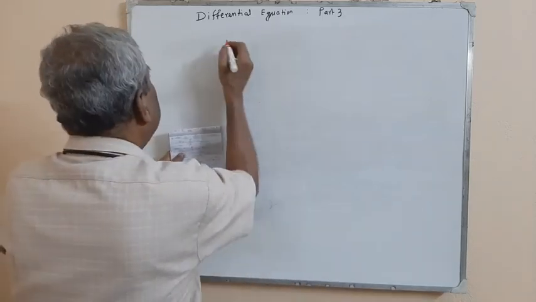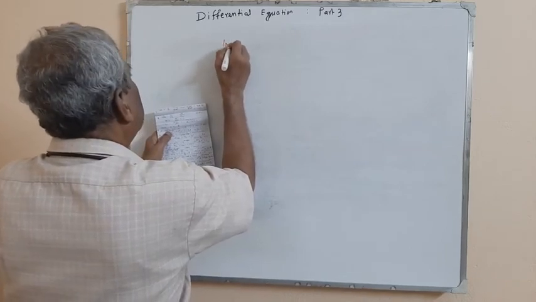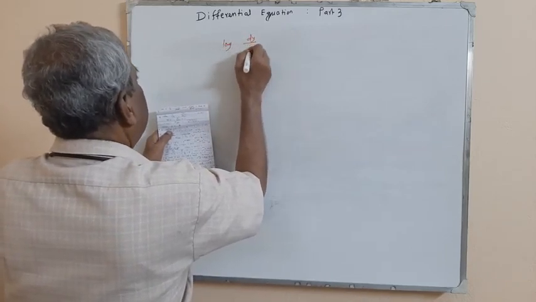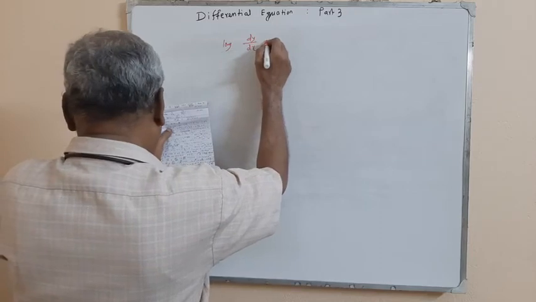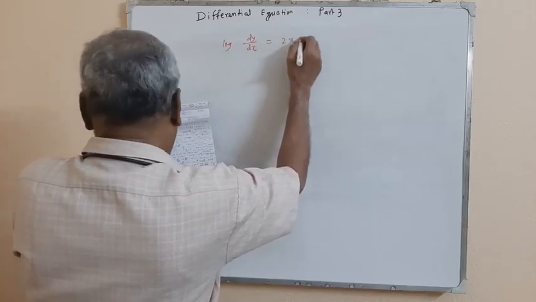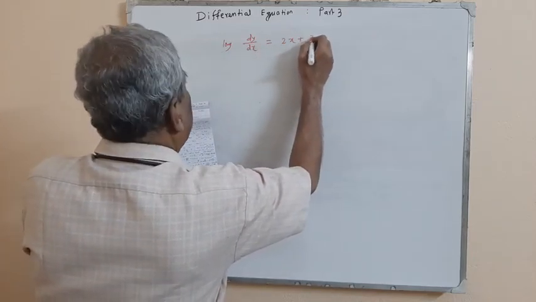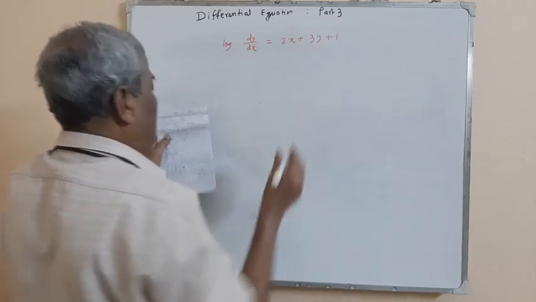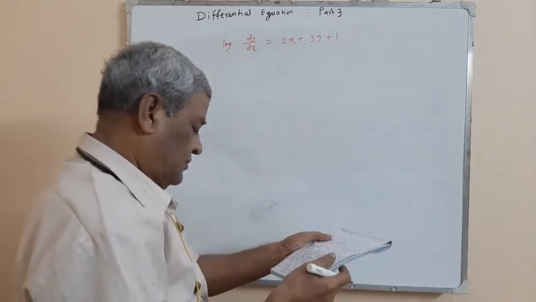Now solve log of dy by dx equals 2x plus 3y plus 1. Solve it.